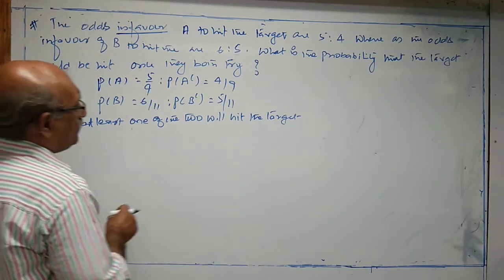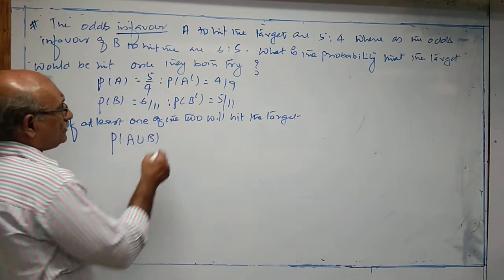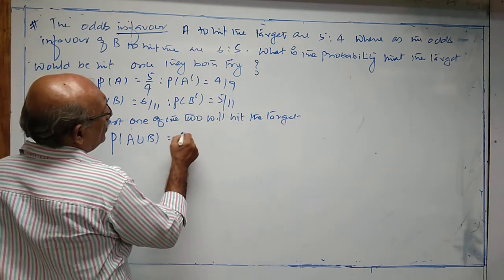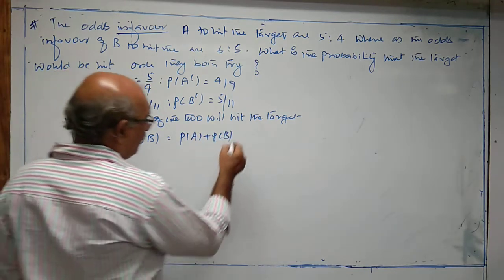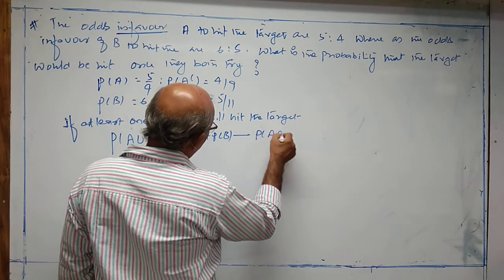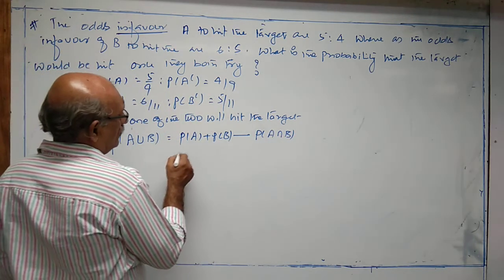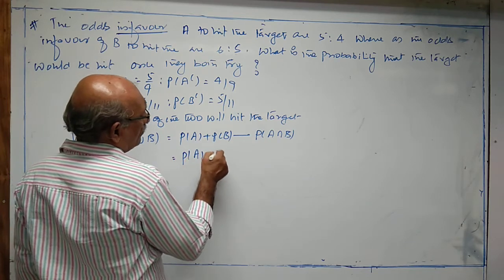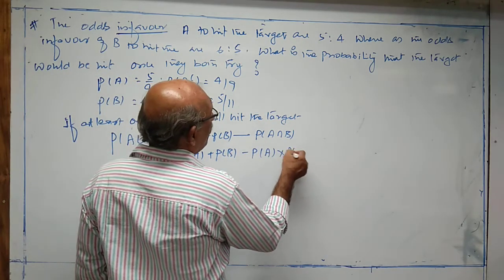So I can write it as P of A union B is equal to P of A plus P of B minus P of A intersection B, that is, P of A plus P of B minus P of A into P of B.